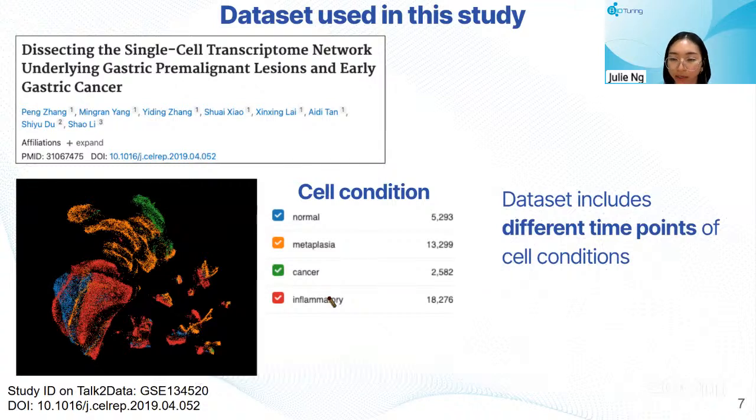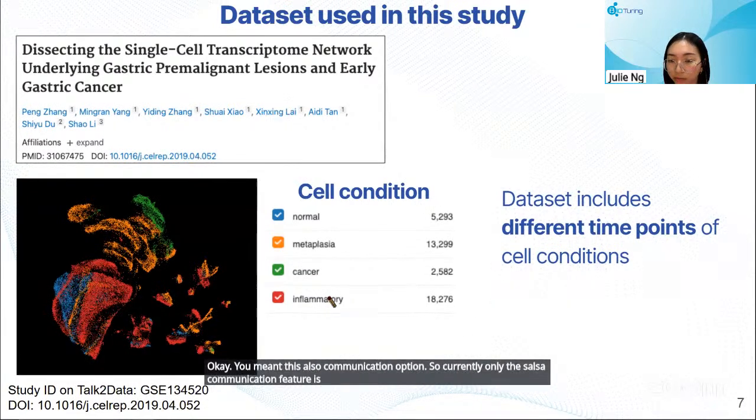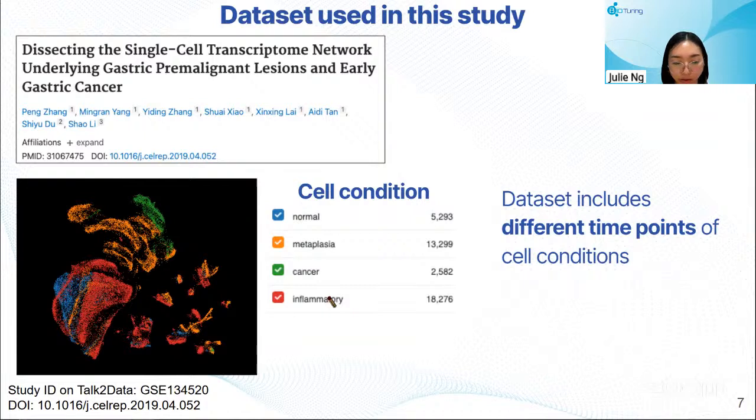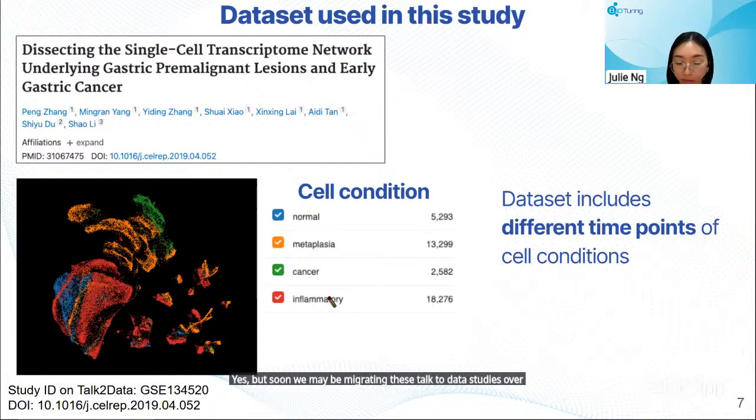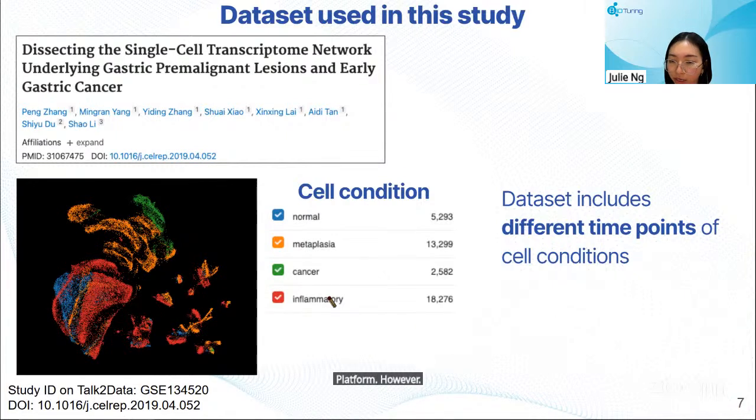Okay, you meant the cell-cell communication option. Currently, the cell-cell communication feature is only available on bBrowser X Pro. But soon we may be migrating these Talk to Data studies over to the bBrowser X Pro platform. However, I can't really give you a timeline on that yet, but that is to come in the future.